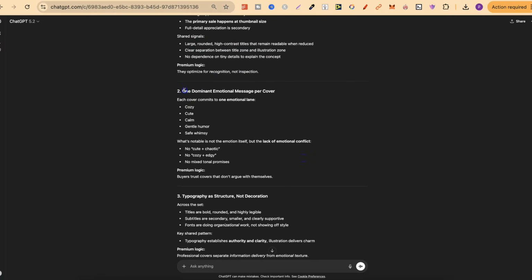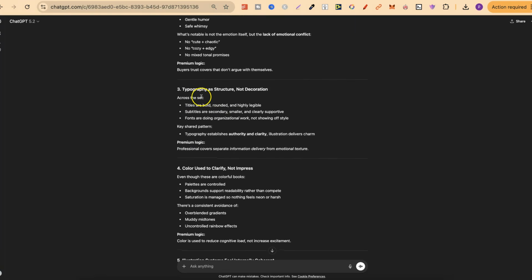Now, number two, one dominant emotional message per cover. So each cover commits to one emotional lane: cozy, cute, calm, gentle humour, safe and whimsy. Now, what's notable is not the emotion itself, but the lack of emotional conflict. So, no cute and chaotic, no cozy and edgy, no mixed tonal promises. Now, the premium logic: buyers trust covers that don't argue with themselves.